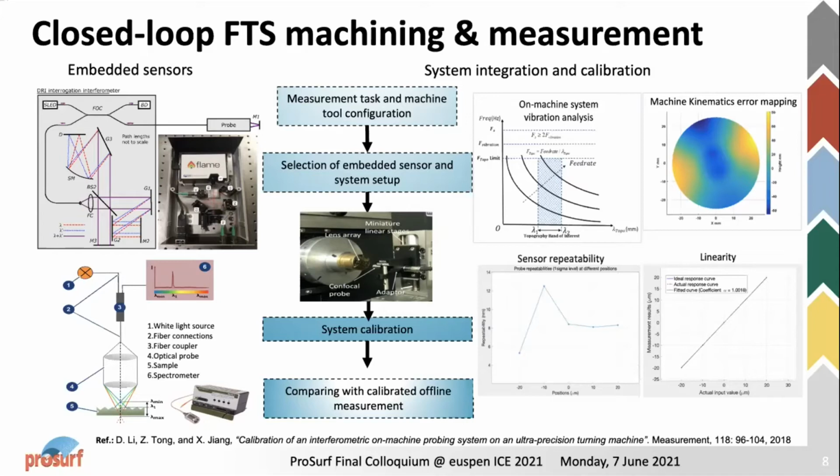We also need to carefully design the scanning strategy to minimize the effect of misalignment of the probe and the vibrations coming from the system. After integration and calibration, the next step is how to control the data flow to close the loop of both the freeform machining and the surface alignment.